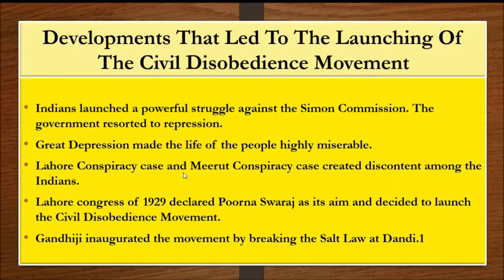The Lahore conspiracy case and Meerut conspiracy case created discontent among the Indians. The Lahore Congress of 1929 declared Purna Swaraj as its aim and decided to launch the civil disobedience movement. Gandhiji inaugurated the movement by breaking the salt law at Dandi.